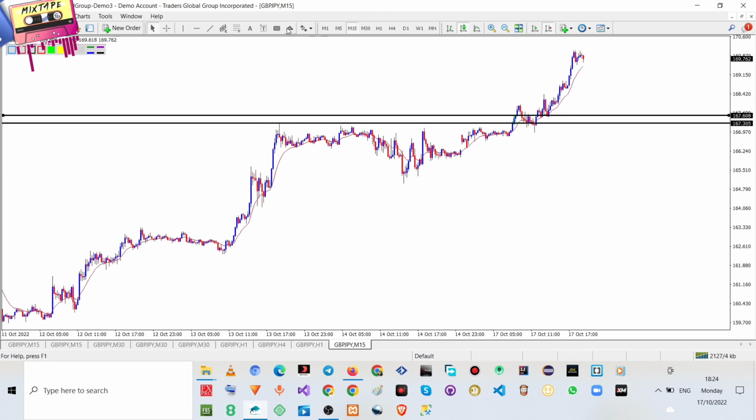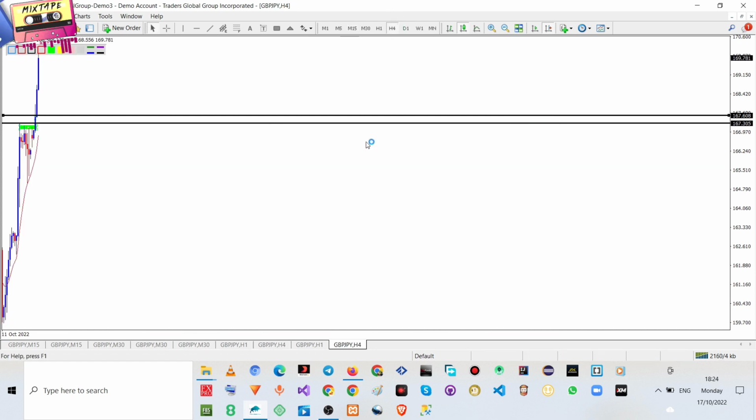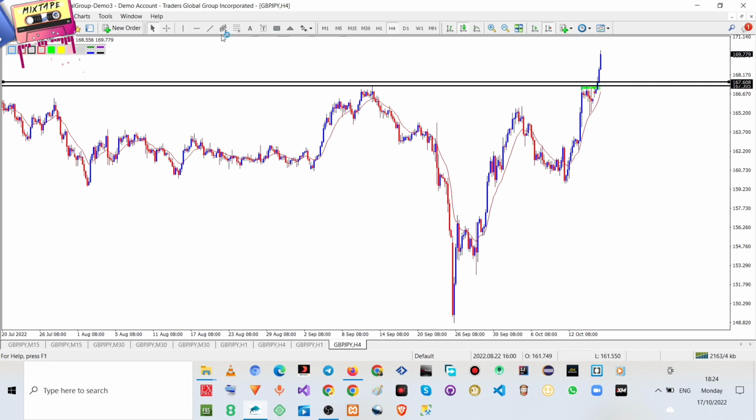You can see that there's been a support area that was created from the previous week that was broken today on Monday. This is basically the analysis the trade was taken on. When you switch to a higher time frame like this, you can see that the price is in an uptrend.